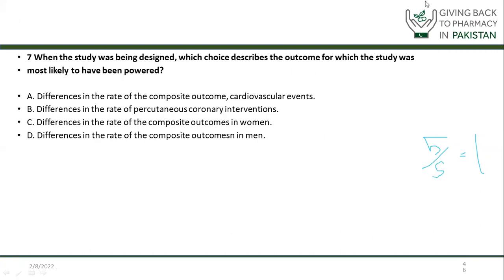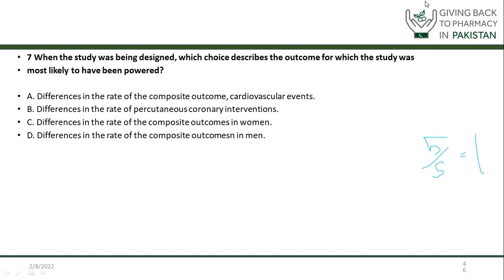When the study was being designed, which choice describes the outcome for which the study was most likely to be powered? Differences in the rate of composite outcome of cardiovascular events, differences in the rate of percutaneous coronary intervention, differences in the rate of composite outcome in women, or differences in the rate of composite outcome in men.